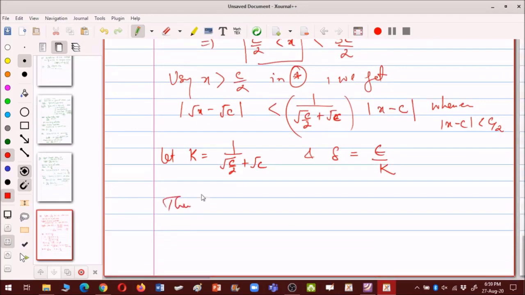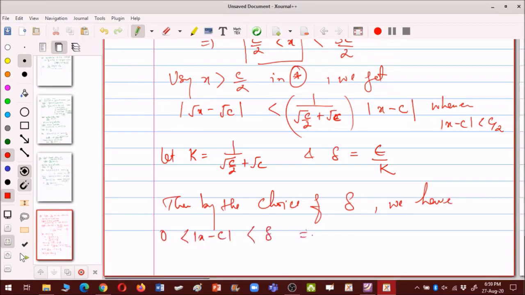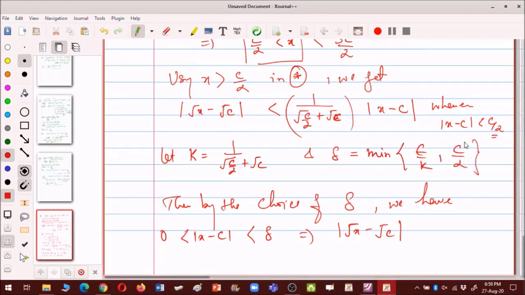Then by the choice of delta, we have 0 less than x minus c less than delta implies root x minus root c is less than epsilon. But this delta will not work; we have to take delta equal to the minimum of epsilon by k and c by 2, because this is the extra condition that we have put, so we have to include it at this place.